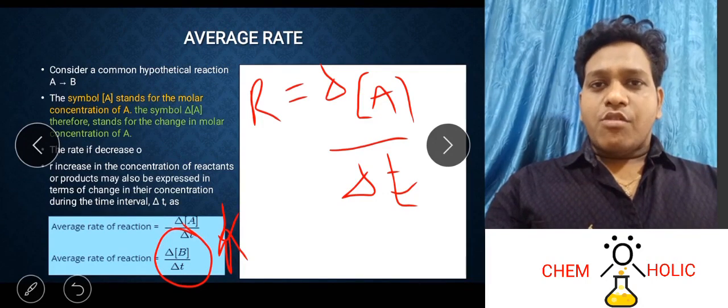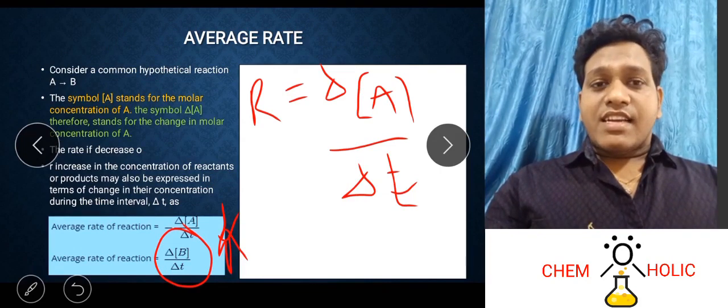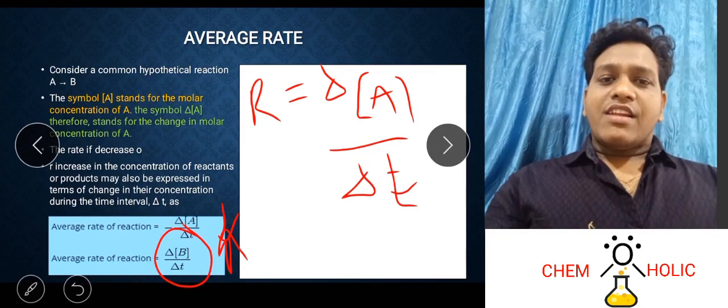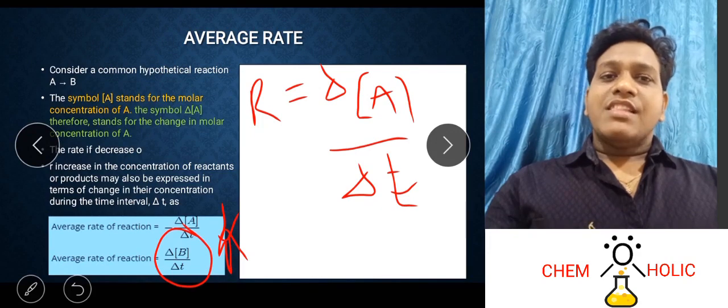As we saw here, the concentration of A decreases, so we use the negative sign, and the concentration of B increases, so we use the positive sign. The rate of consumption of A and the rate of formation of B will be the same if the number of moles of A and B are the same.